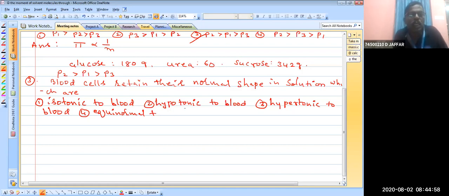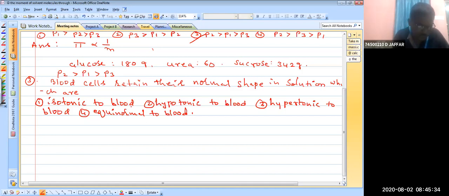Blood cells retain their normal shape in solution which are, see, the correct answer is isotonic solution. Isotonic solution does not change the shape of blood cells, right? Here the correct option is the first one.